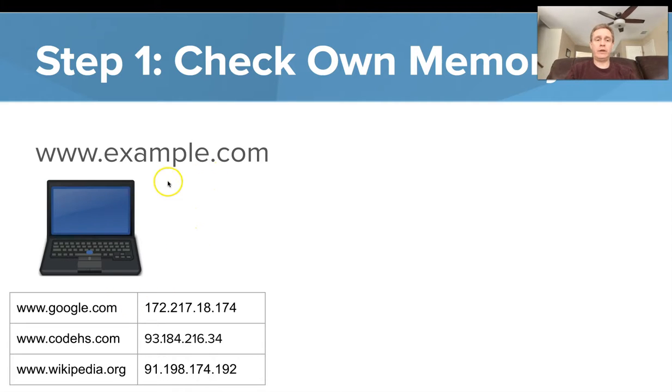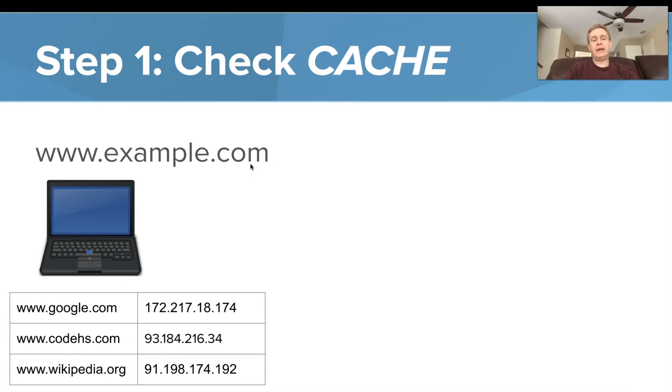But when you're typing in a new website that your computer has never visited before, it's going to have to go through the whole DNS process. The other thing I'll say is that where your computer stores these IP addresses in its memory is called the cache. That's where it stores IP addresses for websites that you've visited in the past.